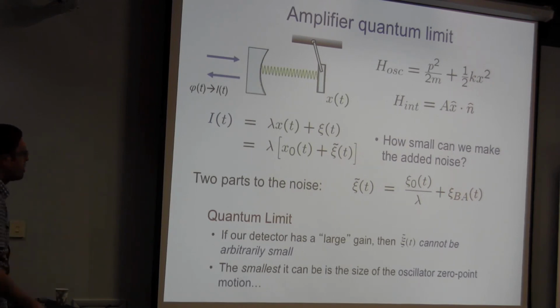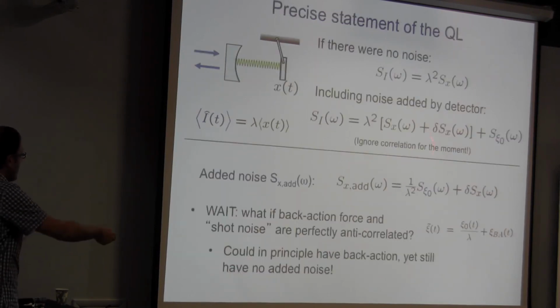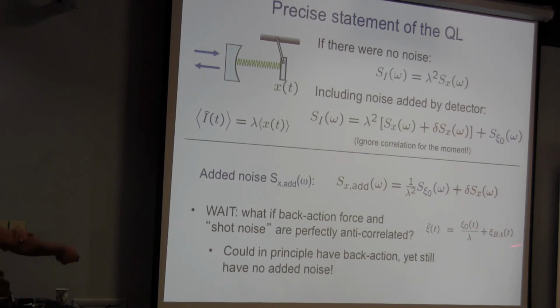So for general reasons, we expect there to be back action, a force like that. But how do I know that I can't have these two different noise sources, the back action noise and the imprecision noise, be completely anti-correlated with one another? I could have back action noise that's non-zero, but why couldn't it just completely cancel the imprecision noise and give zero added noise?